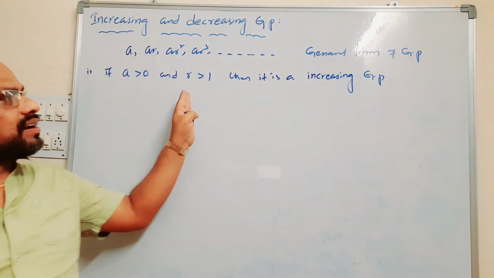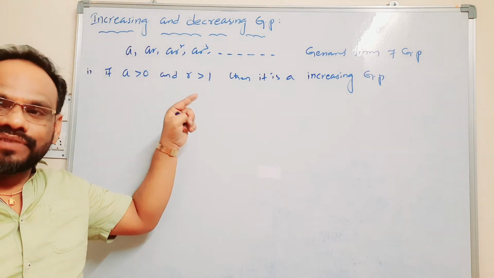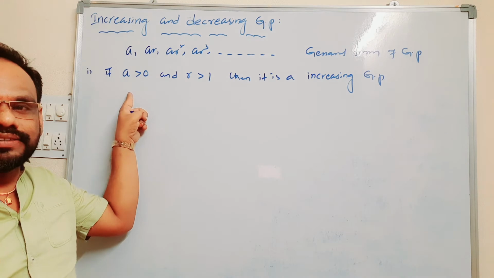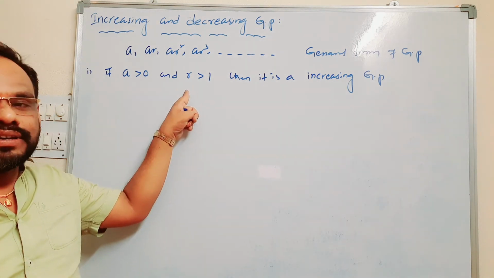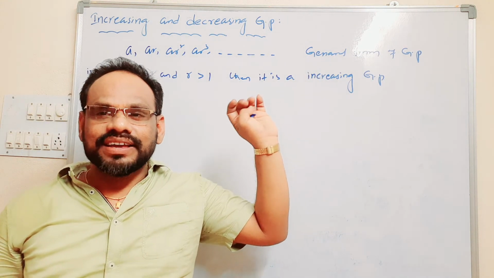Whether the given GP is increasing or decreasing depends on the A and R values. If A is greater than 0 and R is greater than 1, then we say that the given GP is increasing GP.